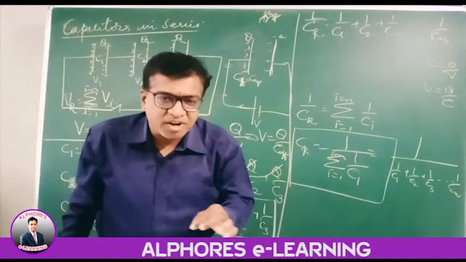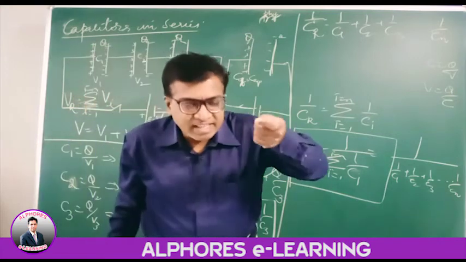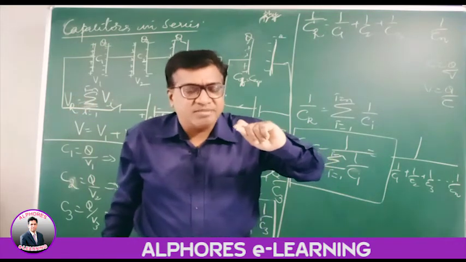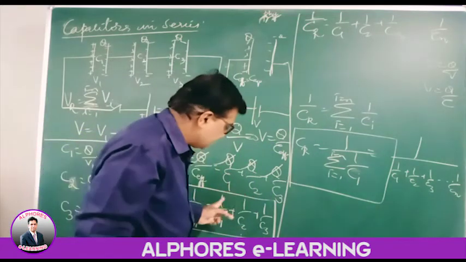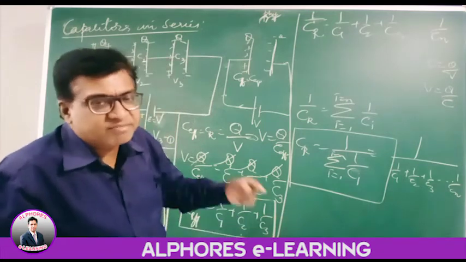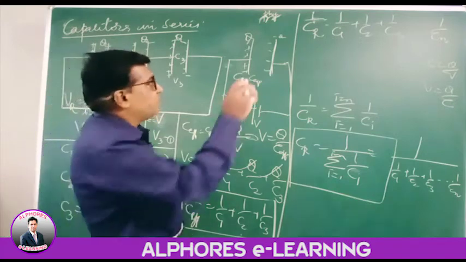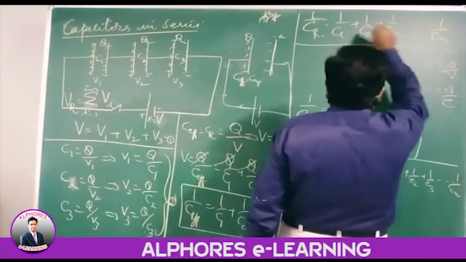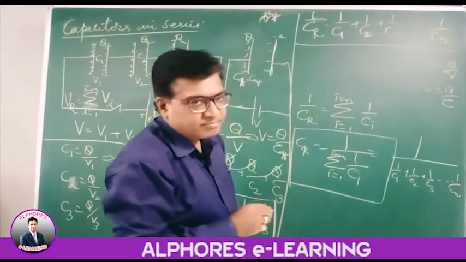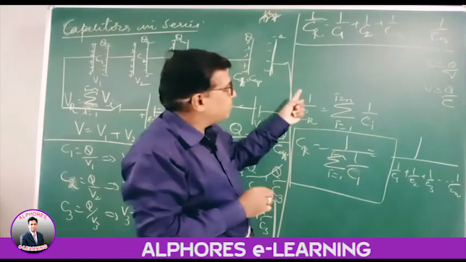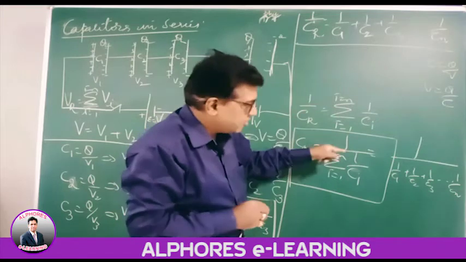In series combination, the reciprocal of the resultant or effective or equivalent capacity is equal to the algebraic sum of the reciprocals of the individual capacitances. So 1 by Cr is equal to 1 by C1 plus 1 by C2 plus 1 by C3 up to 1 by Cn, or simply 1 by Cr is the sum of 1 by Ci from i equals 1 to n, and Cr is the reciprocal of this.